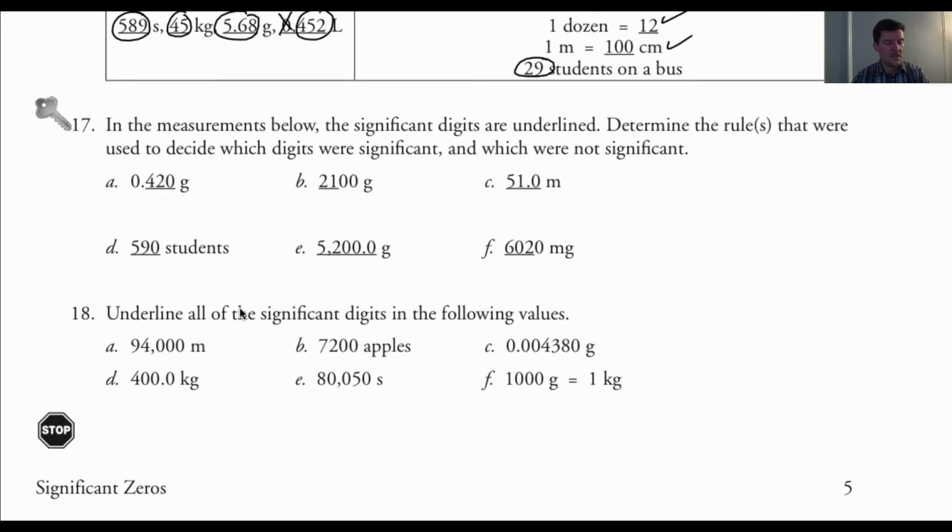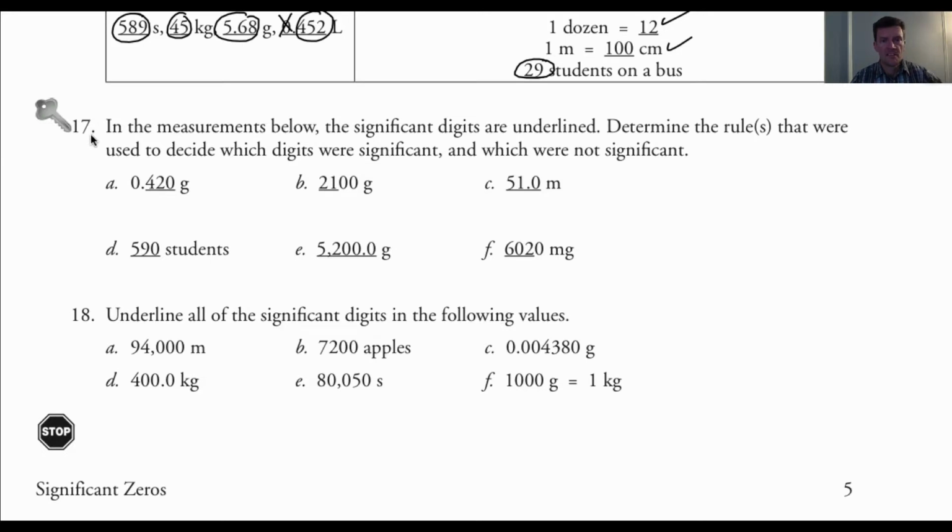All right. Let's underline number 17 in the measurement below. The significant digits are underlined. Determine the rules that were used to decide which digits were significant and which were not. So in this case, 4, 2, and 0. In all of these, by the way, anything that is non-zero is going to be significant.